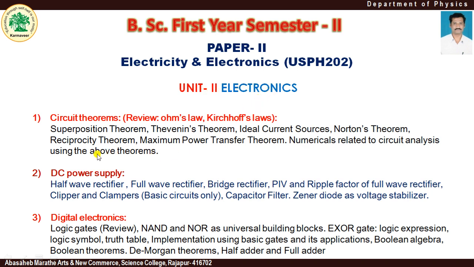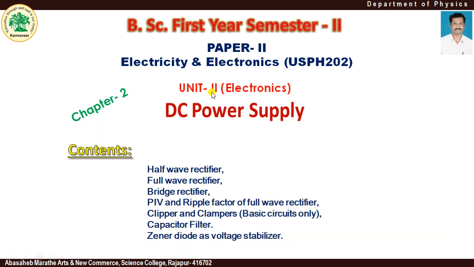So today we will study the chapter second, DC power supply. On the screen you can see the contents of this chapter: DC power supply from unit second Electronics of paper second Electricity and Electronics.